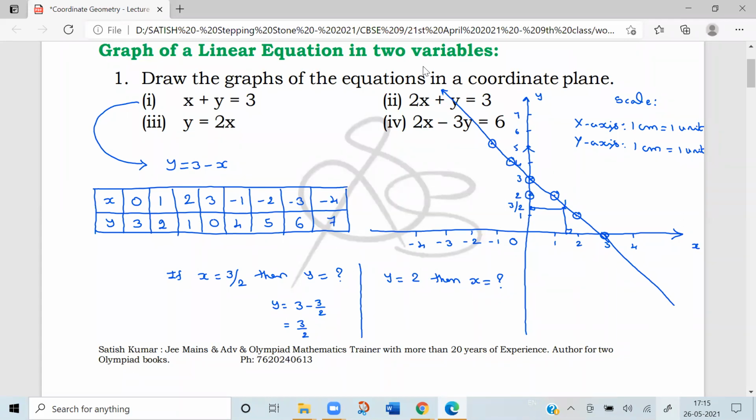At 2, you draw a horizontal line parallel to the x-axis. Wherever it intersects the line, again you draw a perpendicular to the x-axis. So the value is 1. So x equal to 1.